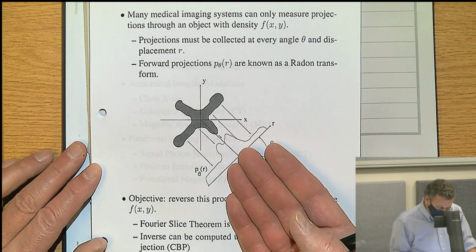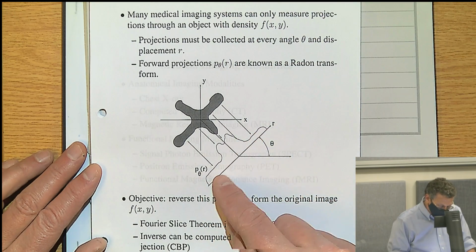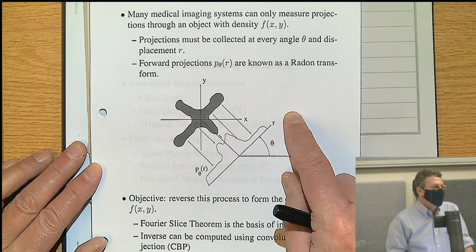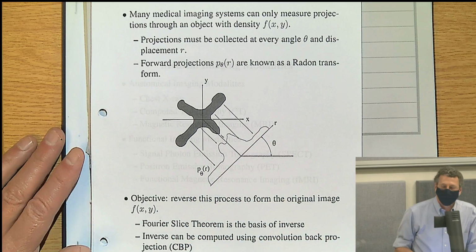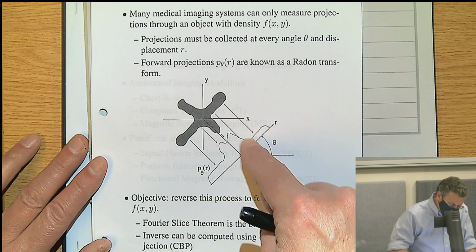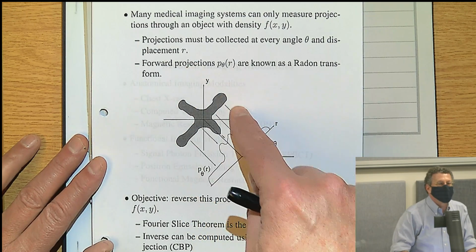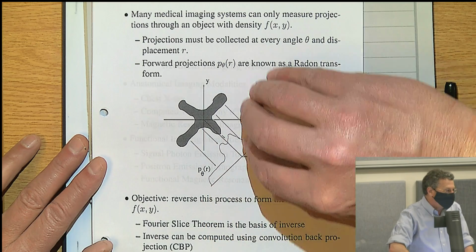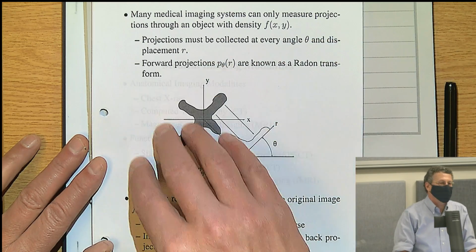And at each angle, each point on what's now your 1D view, your 1D image, is really just a signal. For each 1D view, the pixel is the integral of the density through the object. And then you want to take that set of views and reconstruct it to a 3D object.